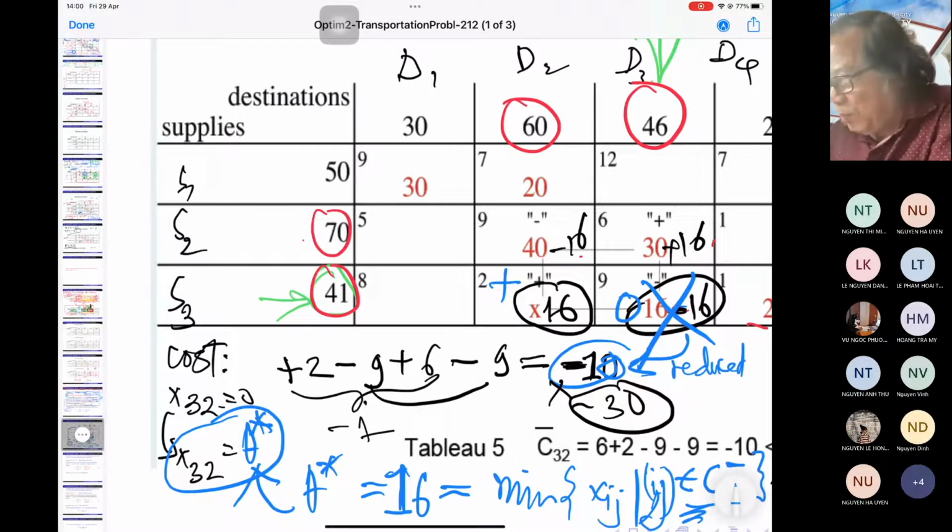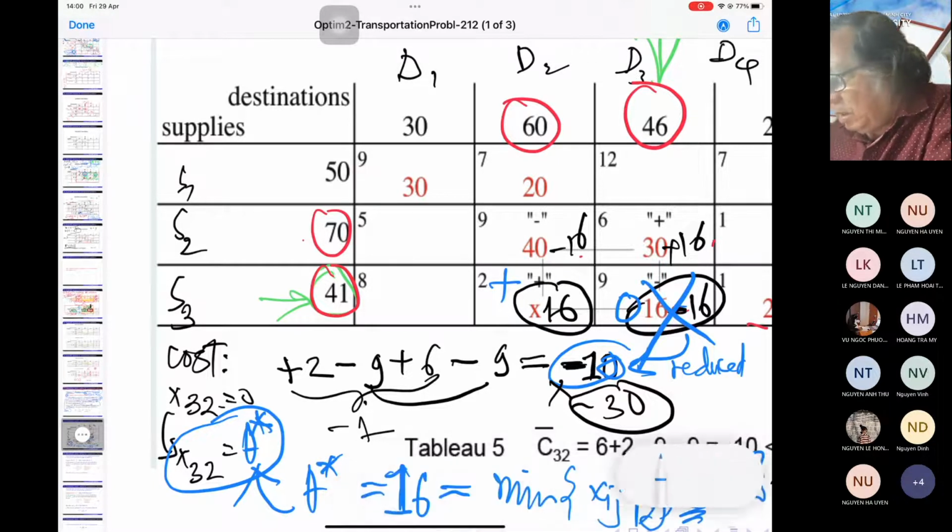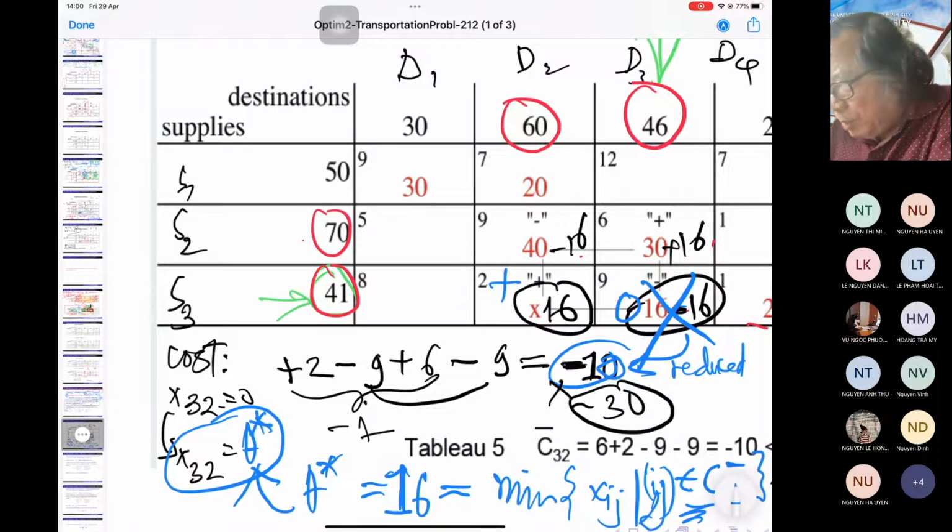And in that case, what is the reduced cost? The cost will reduce by theta star.